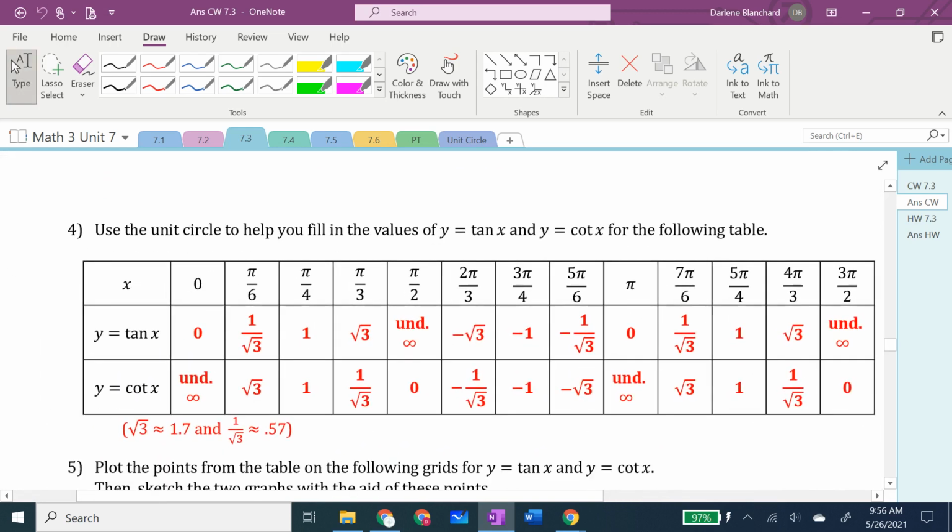And I want to make sure that you're aware that undefined means infinity in these situations. And also, just to point out, the square root of 3 is approximately 1.7, and 1 divided by the square root of 3 is approximately 0.57. And what we're going to do is we're going to plot these points on the graphs of tangent and cotangent.